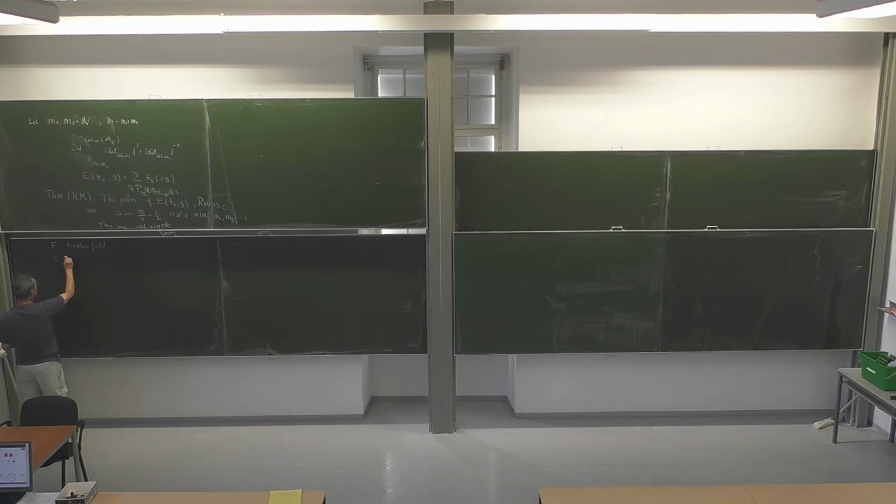Let tau be an irreducible, unitary, cuspidal, automorphic representation of GL_N(A). I will denote by Delta(tau, r), where r is a positive integer, the automorphic representation of GL_{Nr}(A).